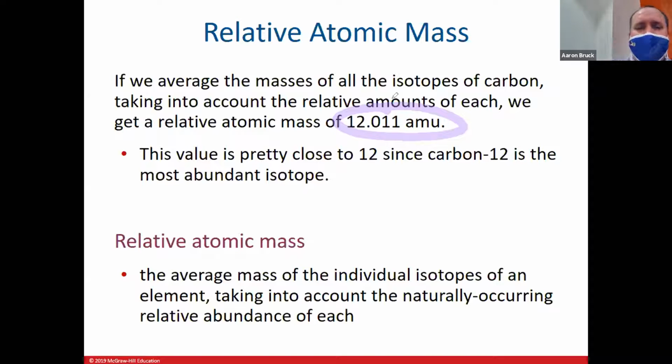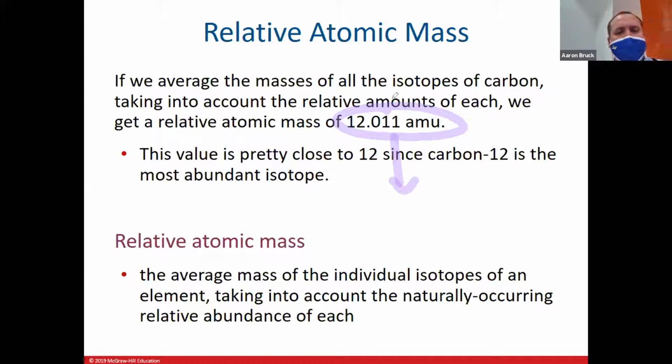One thing that this mass tells us is that since its mass is pretty close to carbon 12's atomic mass, carbon 12 has an atomic mass of 12, since this mass is so close to carbon 12, then we can rationalize that the majority of the carbon that we see here on planet Earth is actually carbon-12.